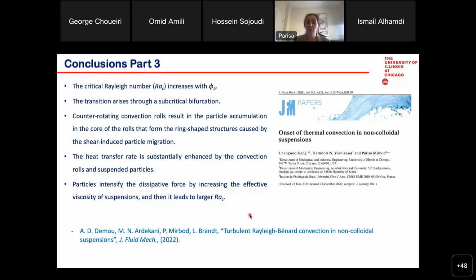And also we showed that the transition arises through a subcritical bifurcation, which is totally different from the case for the pure fluid. And also when we have suspensions inside the Taylor-Couette, there were some other analyses and also a new published paper that we worked on, the Rayleigh-Benard with particles.